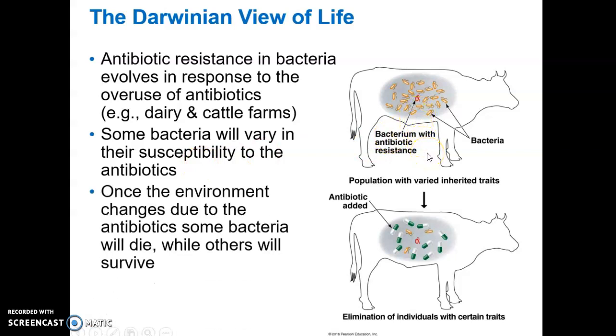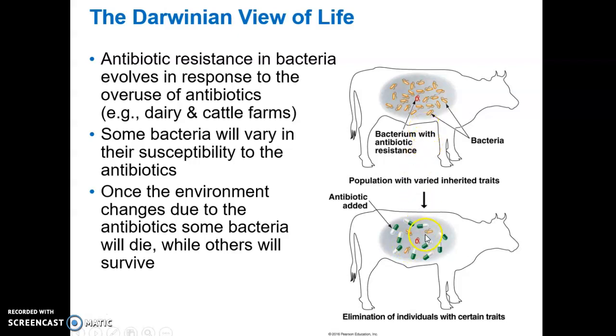Once the environment changes due to the antibiotics being introduced, some of the bacteria will die, maybe most of them, but those with antibiotic resistance will survive, which means they'll get to adulthood, and they'll reproduce. For bacteria it's not really adulthood, but they'll be able to reproduce. So there'll be more of the ones having the antibiotic resistance.